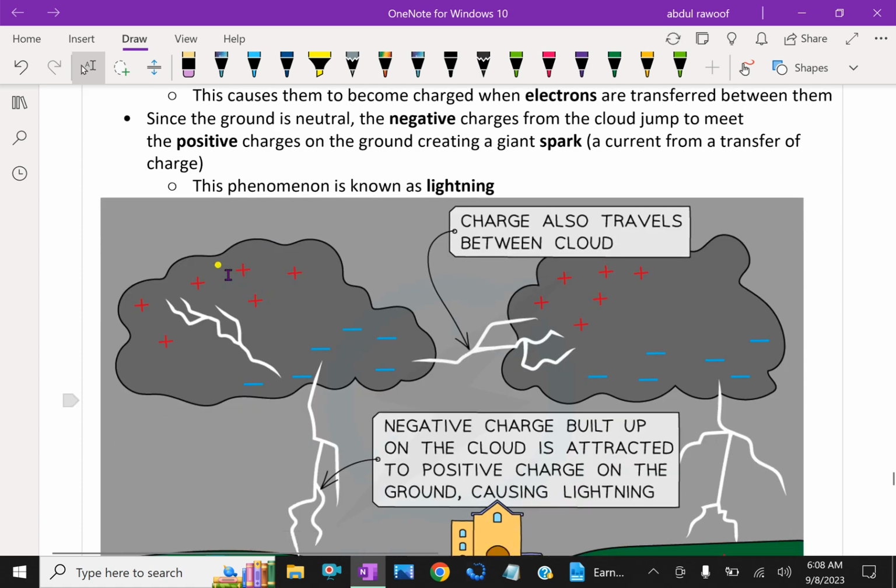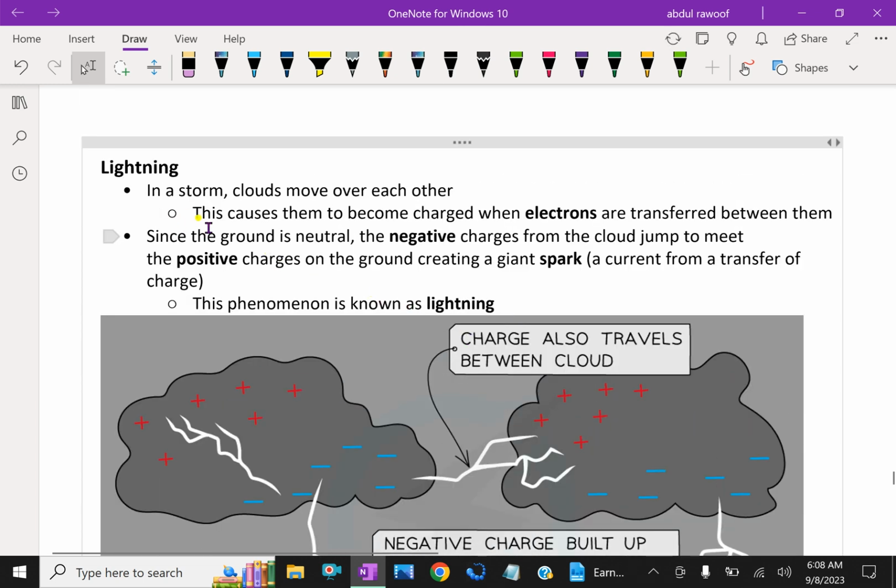Here, look at this. These are clouds. Some clouds have positive charge, some clouds are negatively charged. In a storm, clouds move over each other. This causes them to become charged when electrons are transferred between them. Since the ground is neutral, the negative charges from the cloud jump to meet the positive charges on the ground, creating a giant spark.